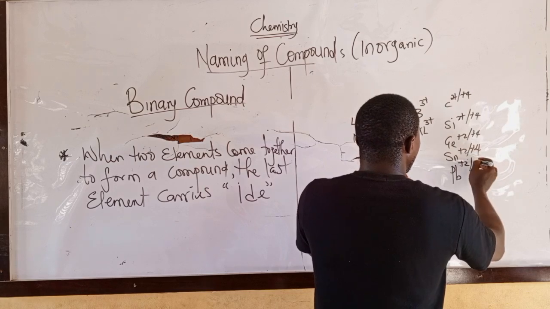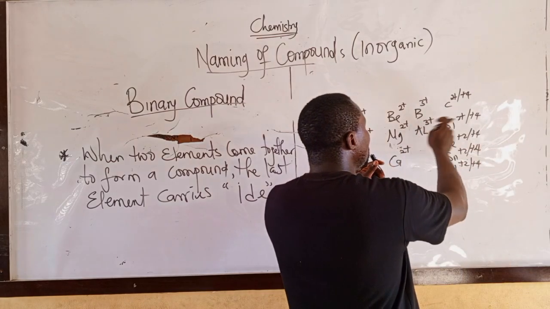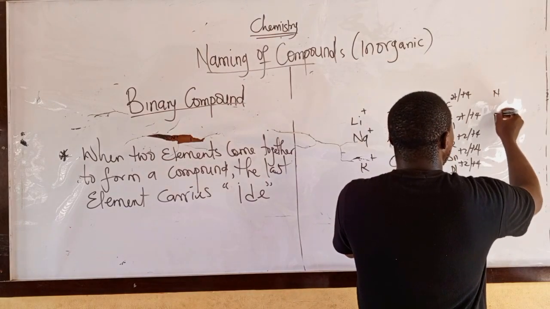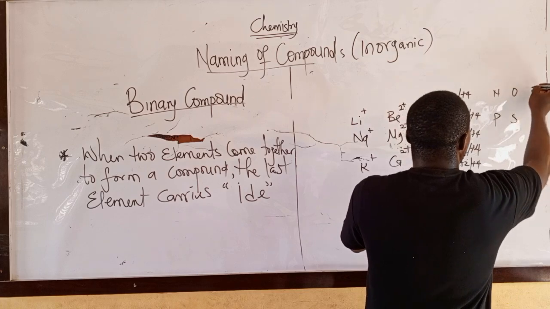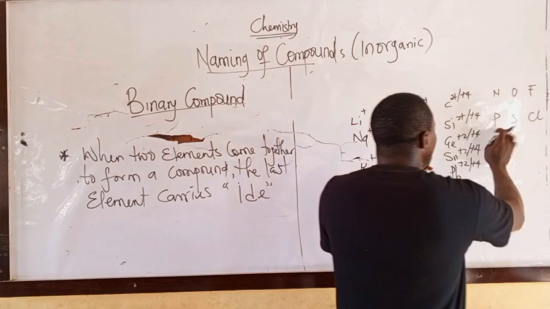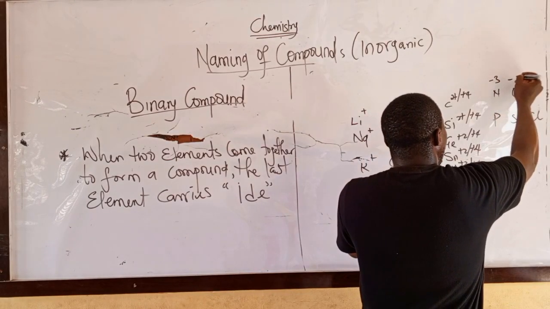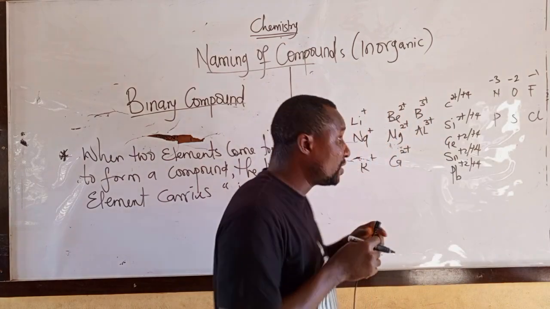Take note of that. Then group 5, nitrogen, phosphorus. Group 6, oxygen, sulfur. Group 7, fluorine, chlorine. In this case, they have oxidation numbers of -3, -2, -1. I need the oxidation number because I need it.